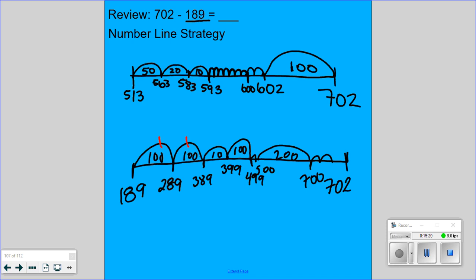100, 200, 300, 310, 311, 511, 512, 513. Hey, that's the same number.